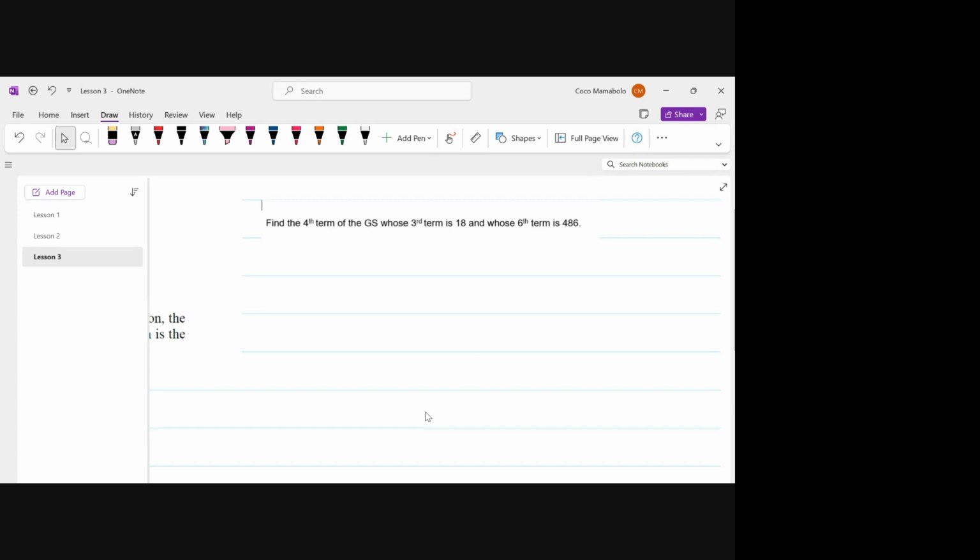Simultaneous, or however we want to label it, whatever it is. Yes, correct. But Sanele, this is not an arithmetic sequence. The GS stands for geometric sequence. So we cannot minus. What do we need to do instead of minusing, Sanele?